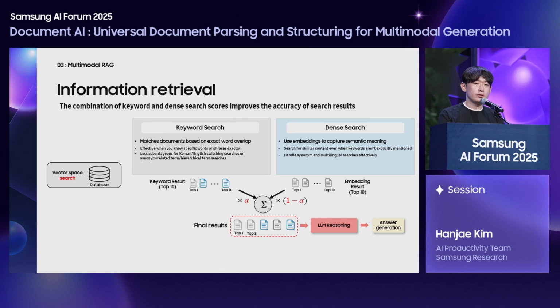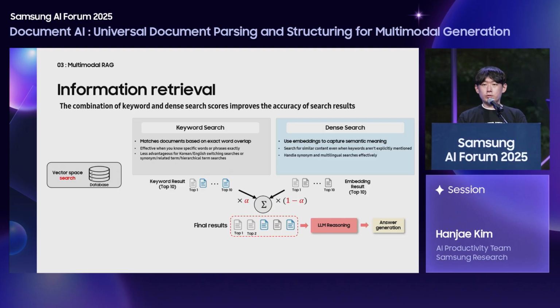Next, I'll move on to the information retrieval step, which finds information relevant to the user's questions for question answering. Similar to how we measure similarity between image and text, multiple search methods are combined to identify information related to the query.